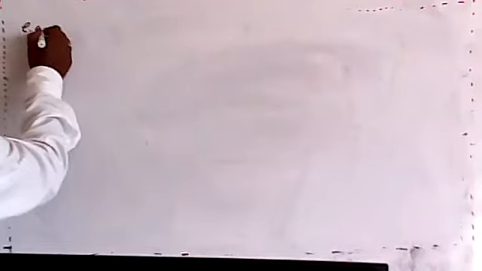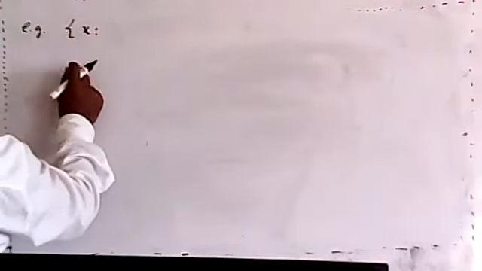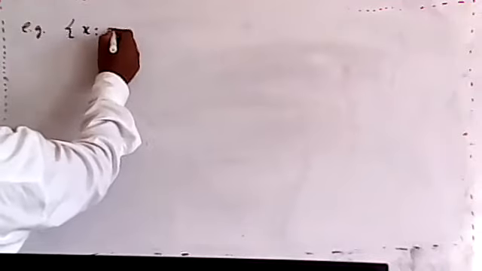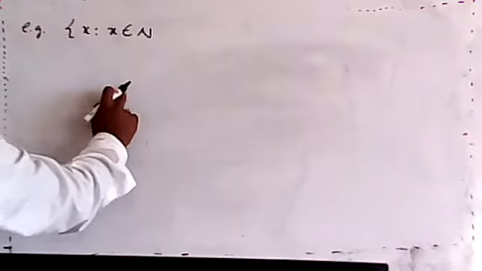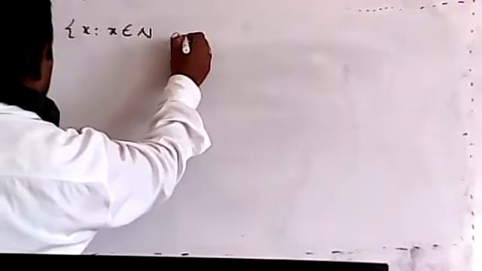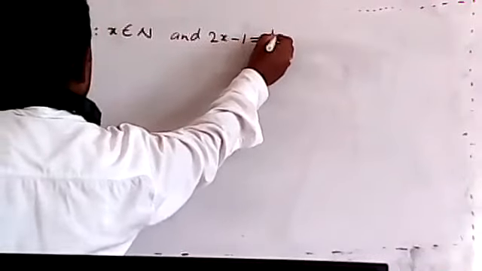Now I will ask you a question. You just answer it. I will write a set on the board now. You have to guess whether it is finite or infinite. Example. There is a set having all the elements x such that x belongs to the natural number set and 2x minus 1 is equal to 0.